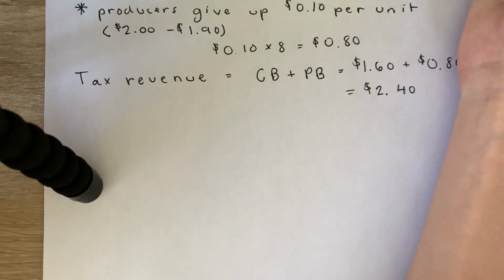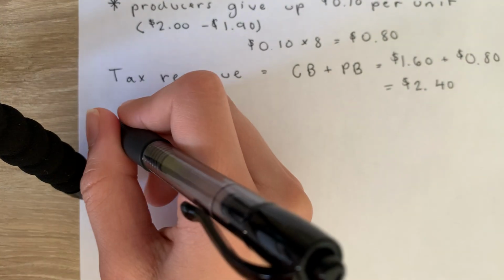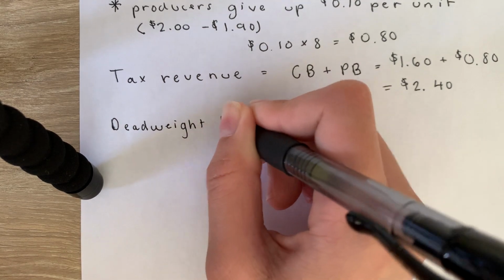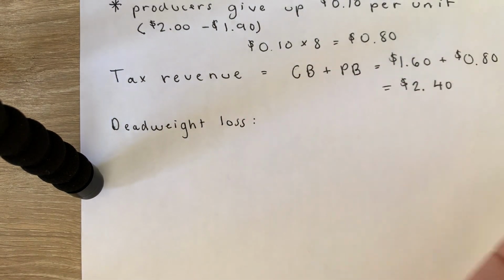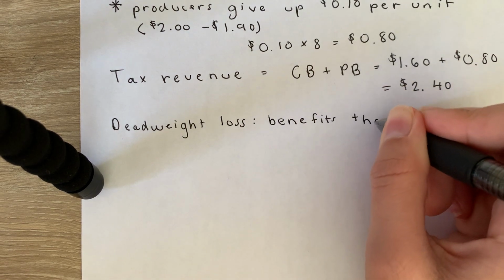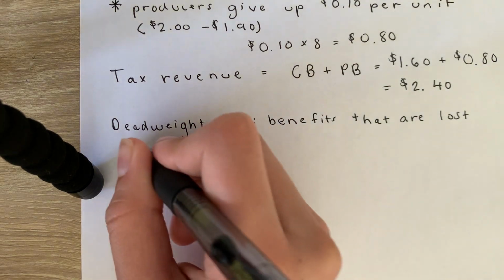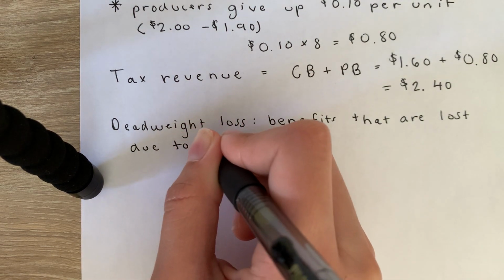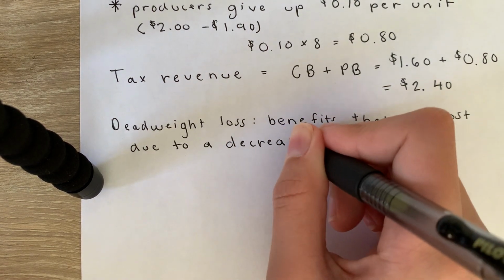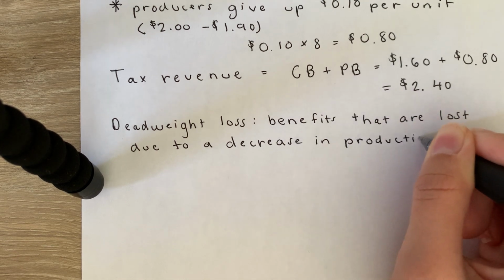Right, so let's write that down. We have deadweight loss. This is the benefits that are lost due to a decrease, a reduction, in production.